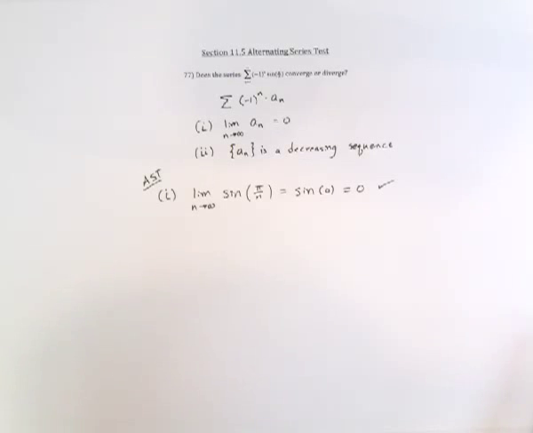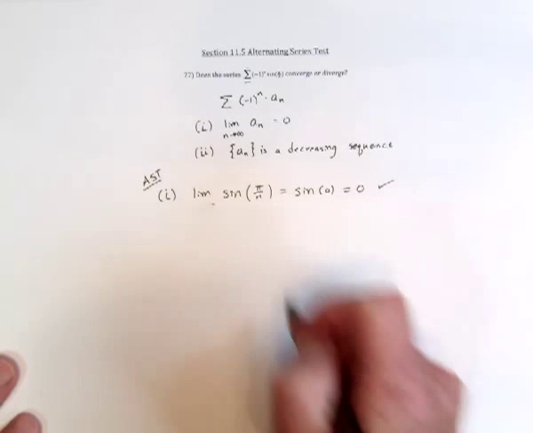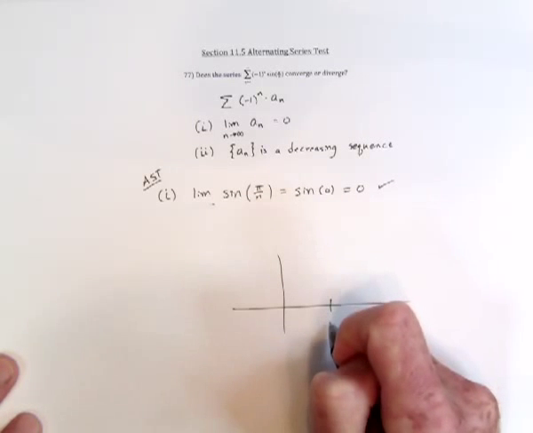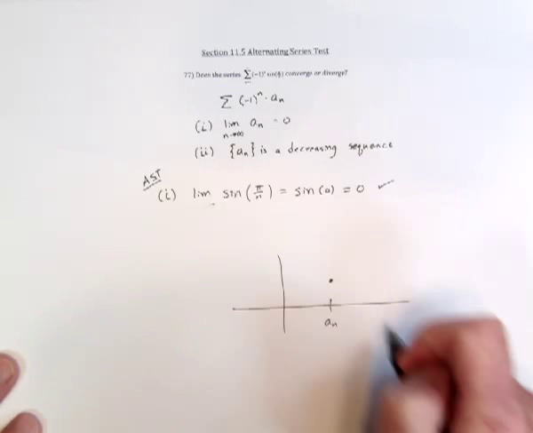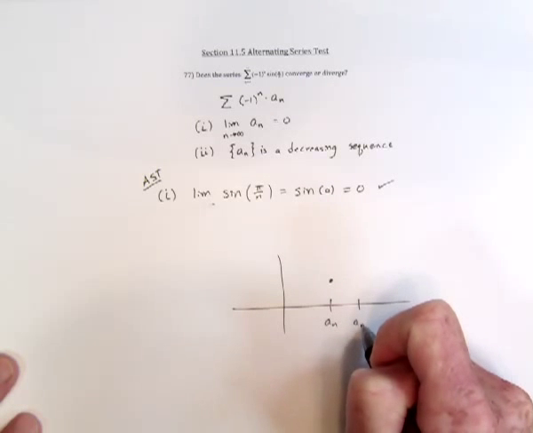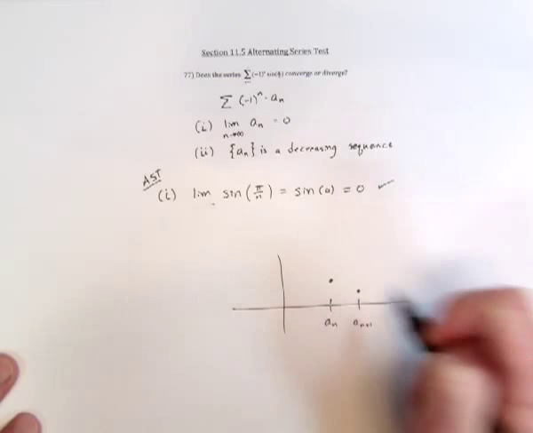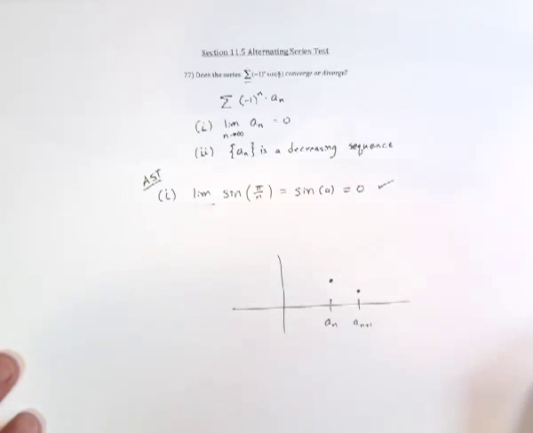The second part, it has to be a decreasing sequence. So in other words, as you're going along, and you get to some term, AN, let's say it's at a height of this, then the next one, which would be called AN plus 1, has to be lower. So that's decreasing or going down.